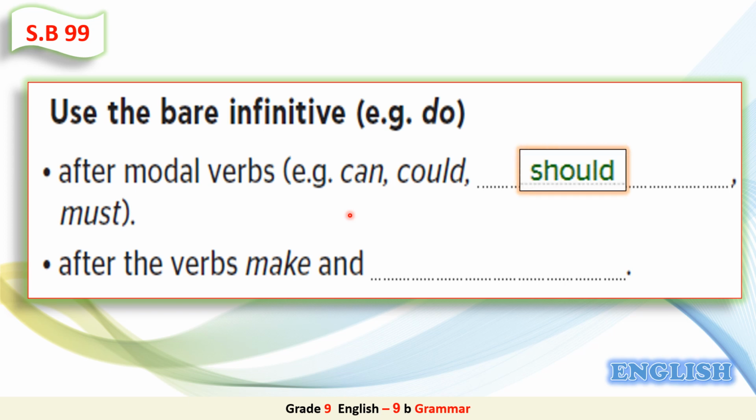We have also should and we have must. So after the modal verbs, we use bare infinitive. Then we use the bare infinitive also after the verbs make and, excellent, make and let. These are the uses of the bare infinitive.